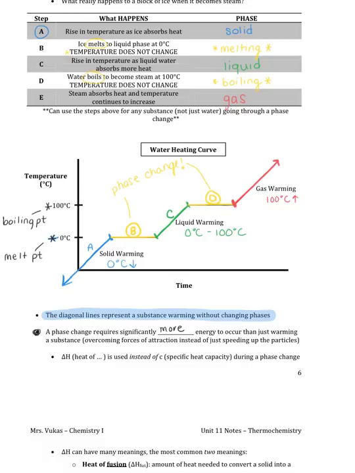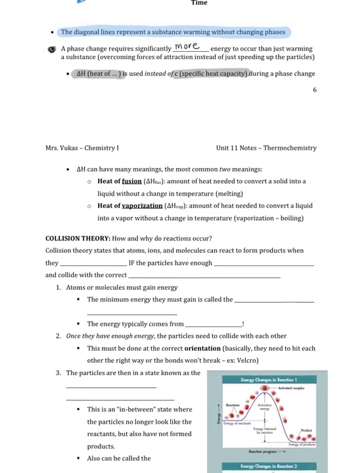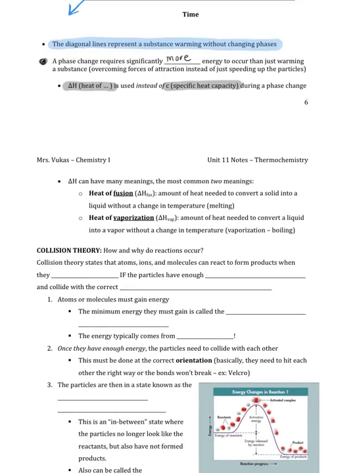Now, during phase changes, we use something called delta H as opposed to C. So before, and I'm going to flip over to page 7, we talked about C, the specific heat capacity, which had to do with how much energy it takes to warm up a substance.